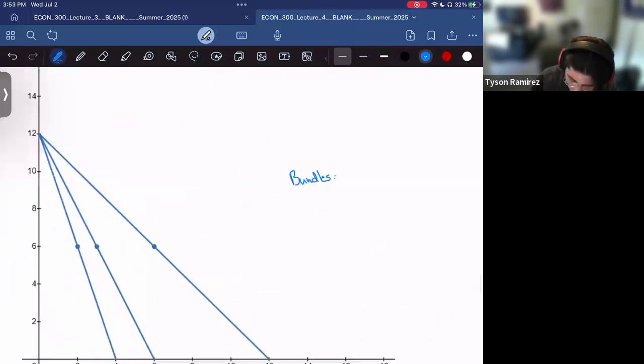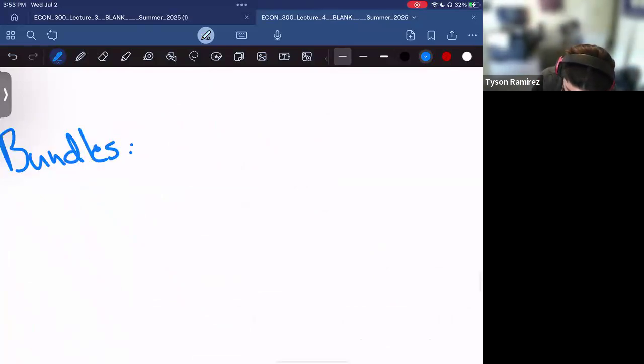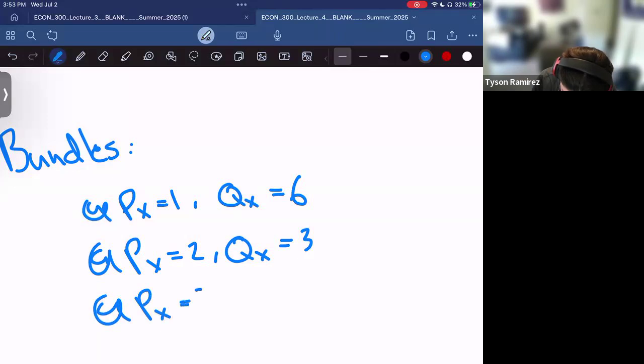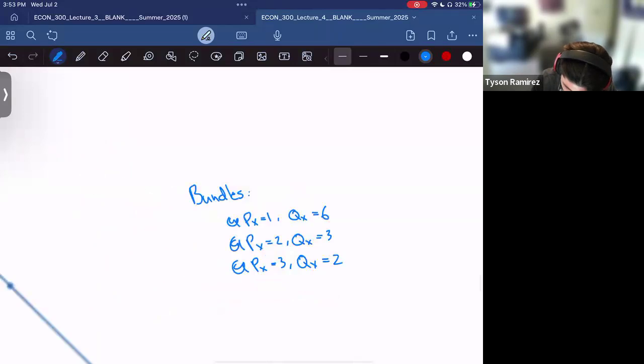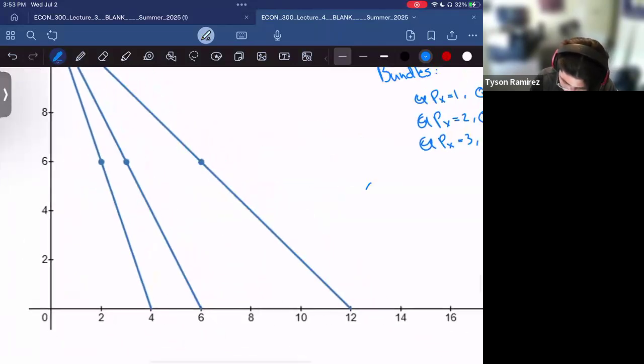Let's make notes of the points we had. At px equal to 1, q of x equaled 6, at p of x equal to 2, Q of x equaled 3. And then at P of x equal to 3, Q of x equaled 2. All right. That's what these points correspond to.